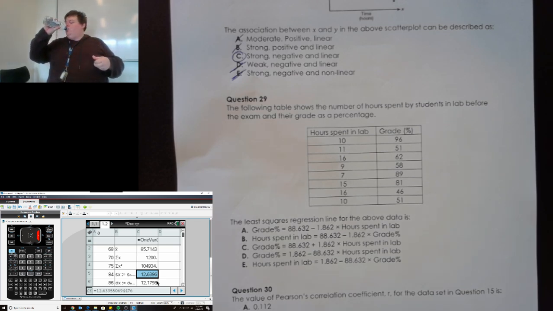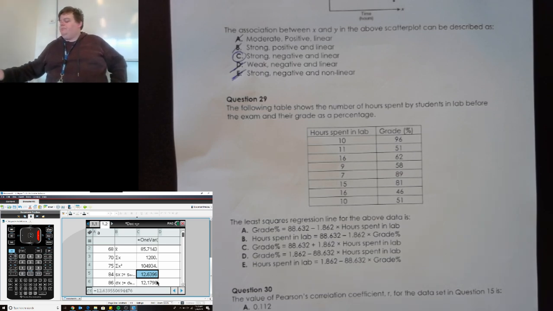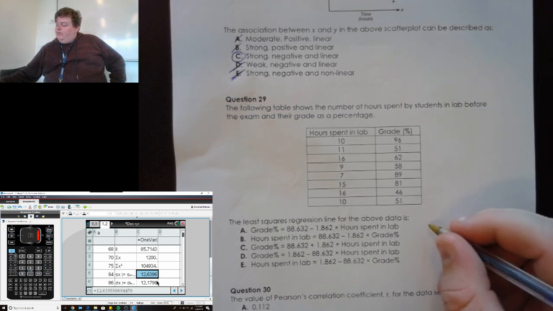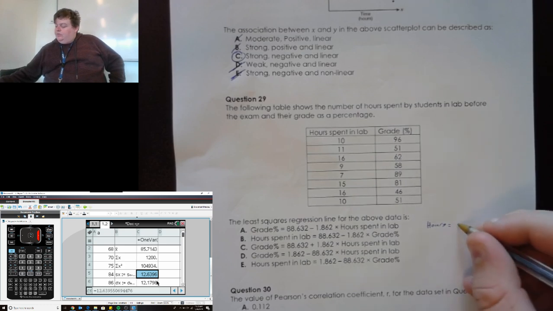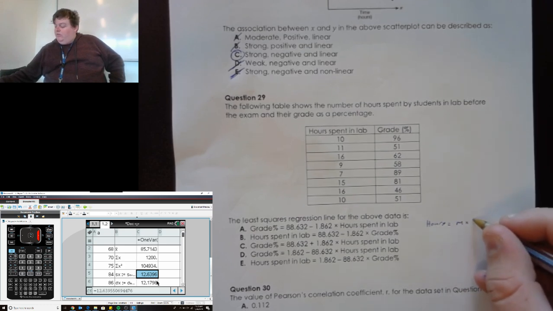I would say that x is hours spent in lab, because that would explain the change in the grade. So we want it to be in the form of hours equals m times grade.